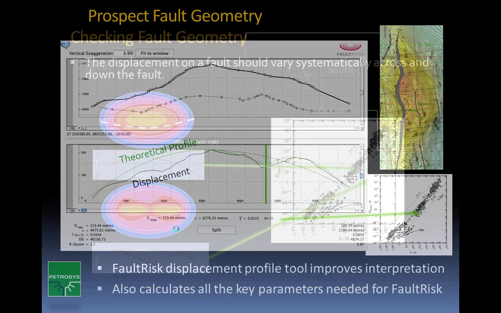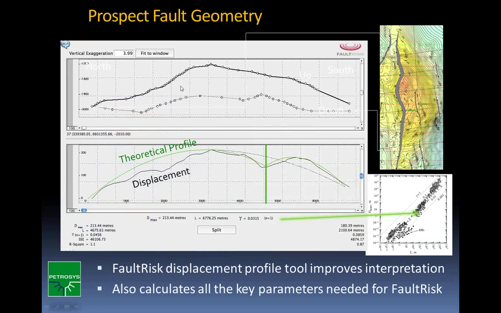So here's the fault from the Cool prospect viewed in FaultRisk Workstation. There are two views. The first one is the fault polygon we're getting from Petrosys. This one has the upthrown and downthrown sides of the fault. And in the second window, we have the displacement profile. So here we see the grey profile is the displacement profile for this.